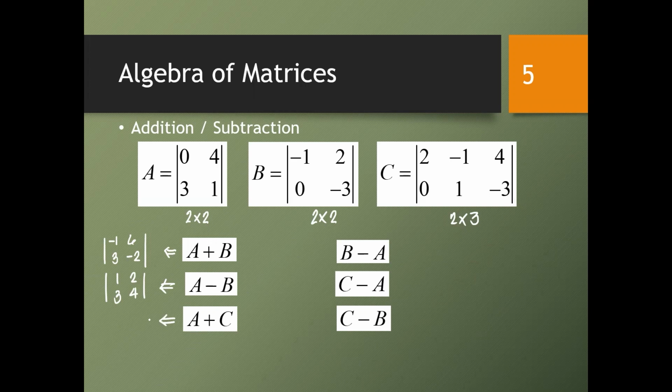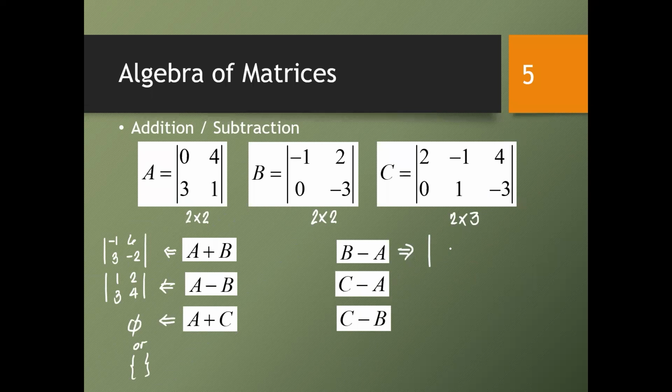Because for us to be able to add or subtract the matrices, the elements have to have a counterpart. Look at the dimensions. The dimensions of A and B are the same, whereas C is different from A and B. So this one is null set, because you cannot subtract them or add them. Okay, so B minus A, guys.